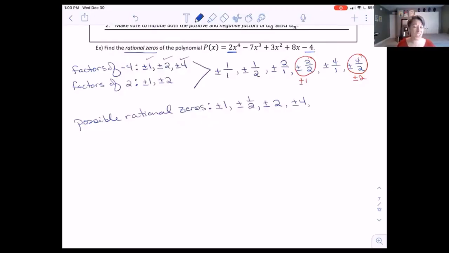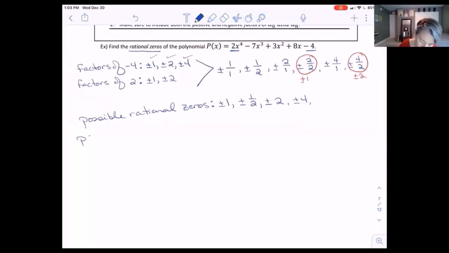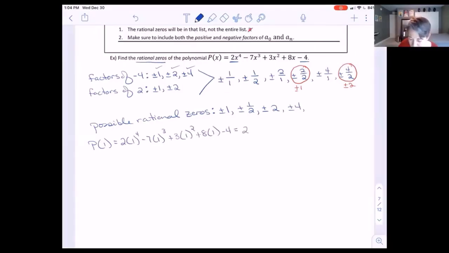So I would start with easy numbers like 1 and -1, see if anything works. So let's plug in p of 1. We get 2 times 1 to the 4th minus 7 times 1 cubed plus 3 times 1 squared plus 8 times 1 minus 4. If we combine all of that, we actually get the number 2. So that tells us that this is not a 0.